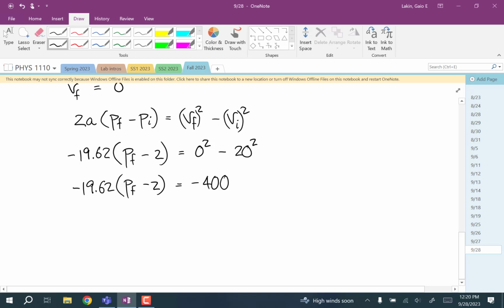You can't do that, okay? Because these are in parentheses. You can just right here divide both sides by negative 19.62, and then you get PF minus 2 is equal to 20.39. And now add 2 to both sides, and you get PF is equal to 22.39 meters.